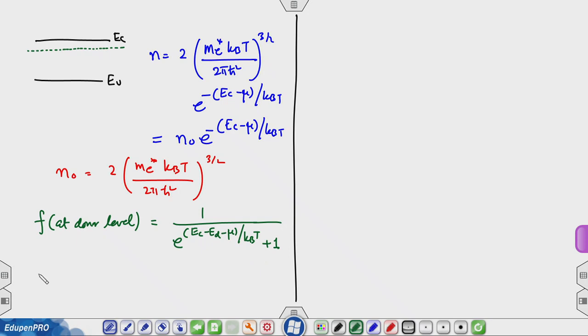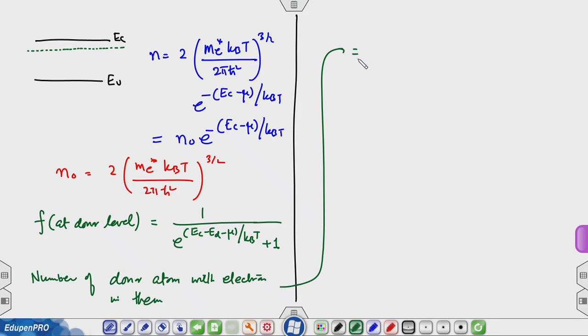So, the number of donor atoms with an electron in them is equal to N d divided by e raised to E c minus E d minus mu over k b T plus 1.